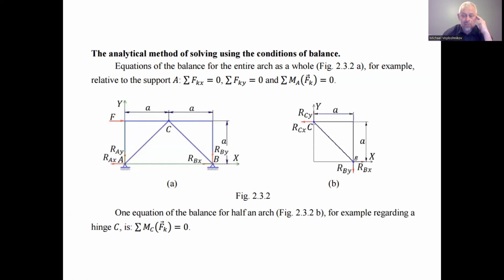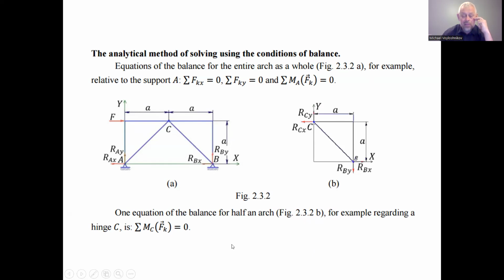And the moment about one arbitrary point has to be equal to 0, a resultant moment. Besides that, we can consider the parts of the arch separately, the left part and the right part.